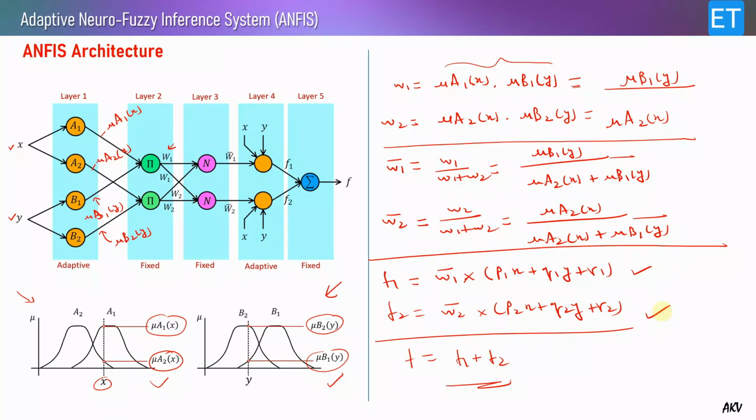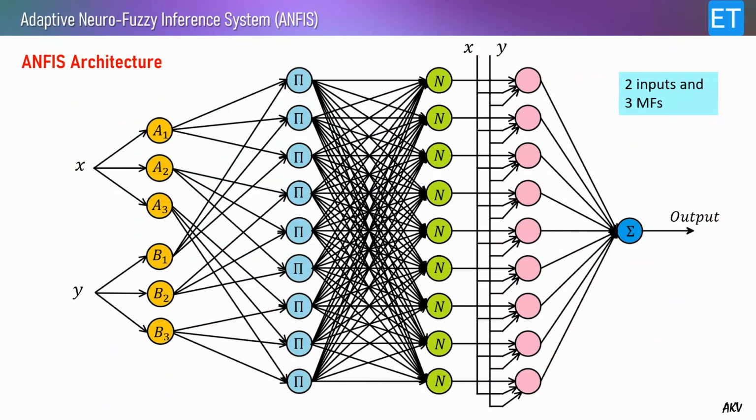And now let's see the architecture with more complexity, where the number of membership functions are increased. So this is one example where the complexity has increased. So here we have the two inputs again, but the number of membership functions are increased. So instead of 2, now I have 3 membership functions. Okay.